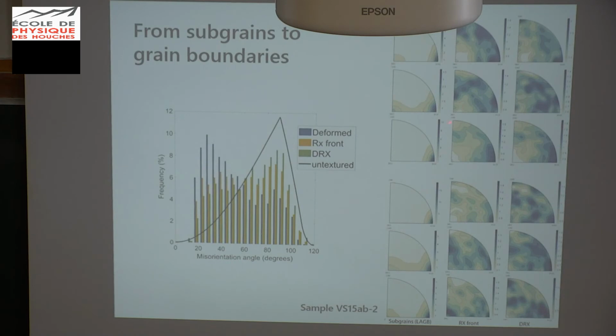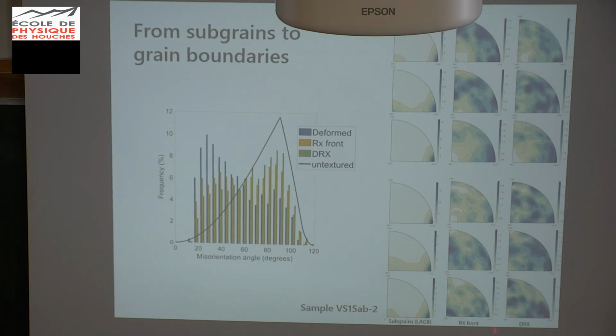So now we are moving from subgrains to grain boundaries. Here is the analysis of misorientation axes and the analysis of misorientation angles. So this is the subgrains, and as I already told you, there is a maximum in B, and also a submaximum in some areas in A that are related with the easy glide system.